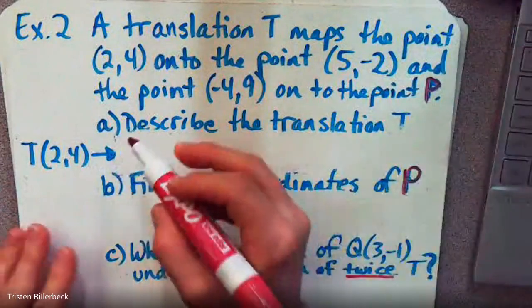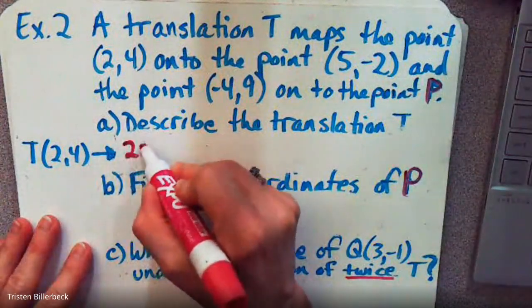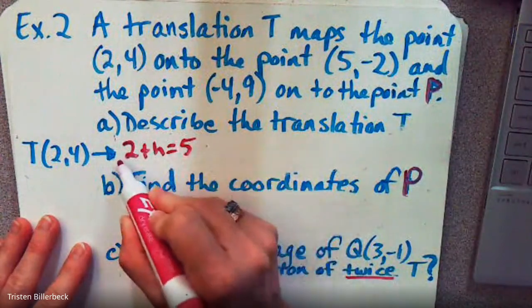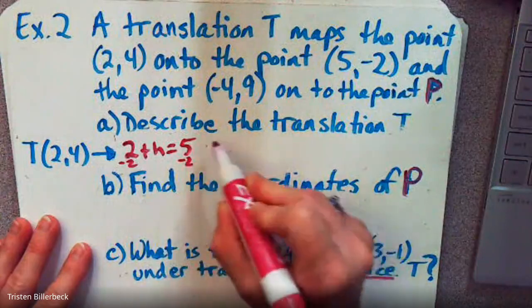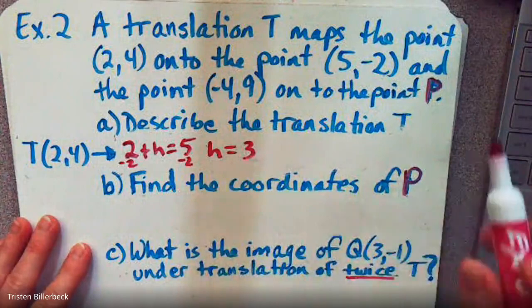So we have 2 plus h equals 5. If we subtract 2 from both sides, we get h equals 3.